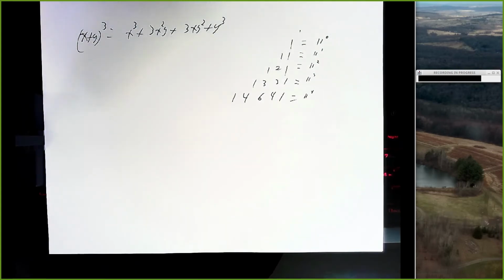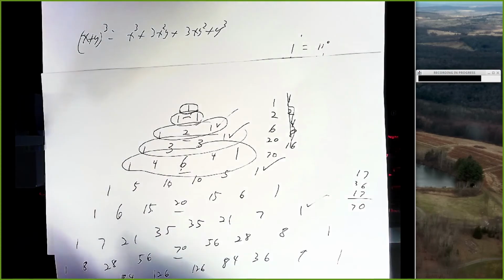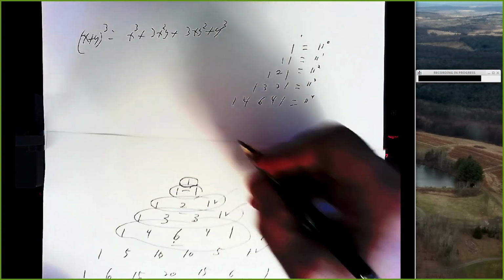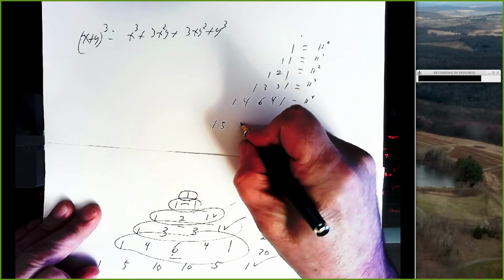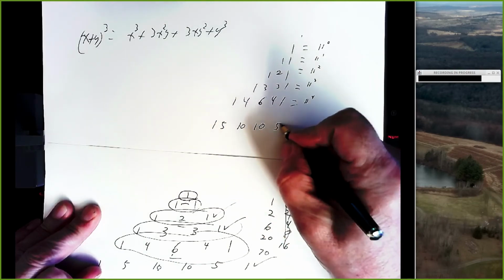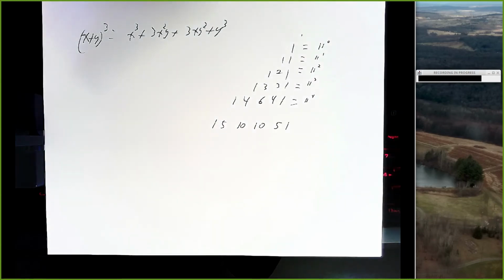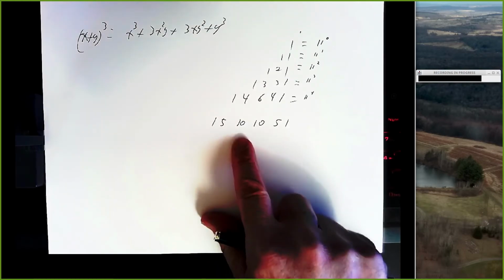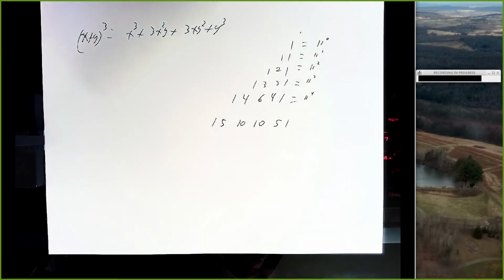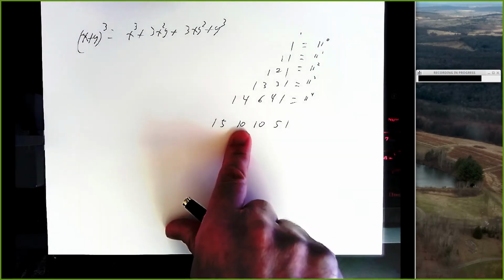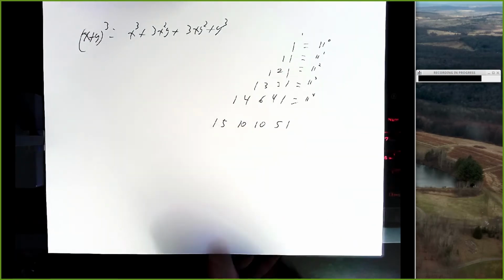What's even weirder is the next number in here. Looks like 1, 5, 10, 10, 5, 1. Well, that's not a number. 10 is not a digit. But if we were working in, say, a base where we could write a 10 with an A, or if you're learning how to multiply and you carry something one beyond a 9 to a 10 so you can work with it, this would end up being 11 to the 5th.